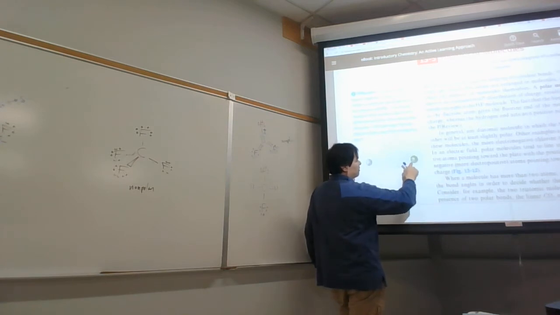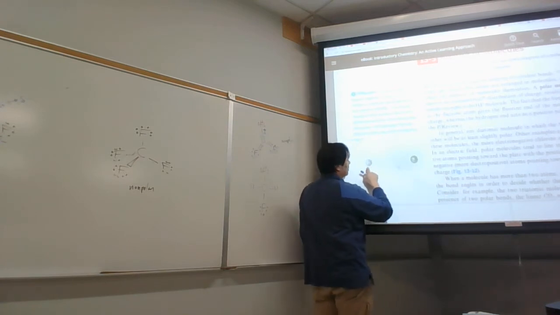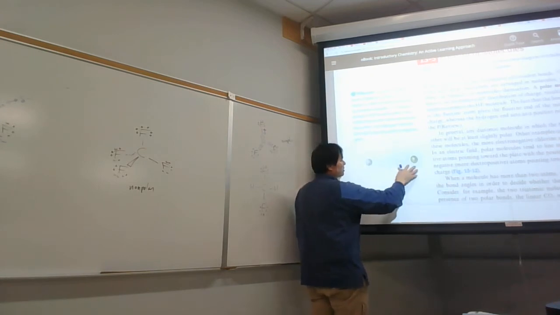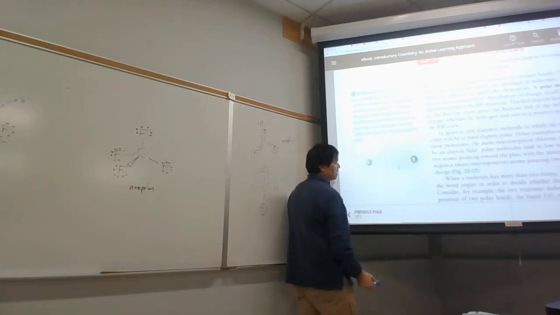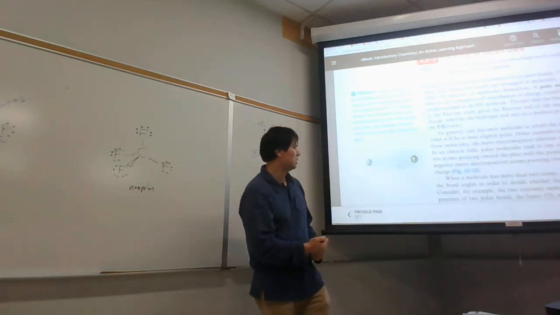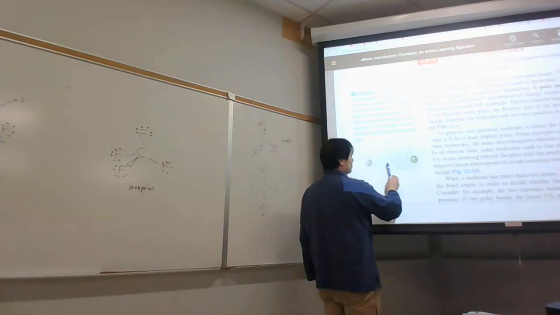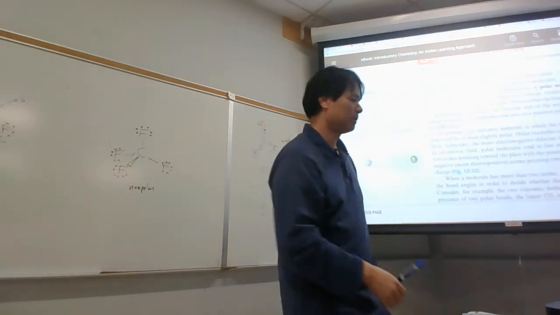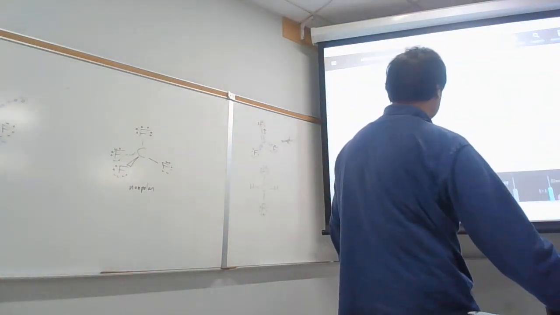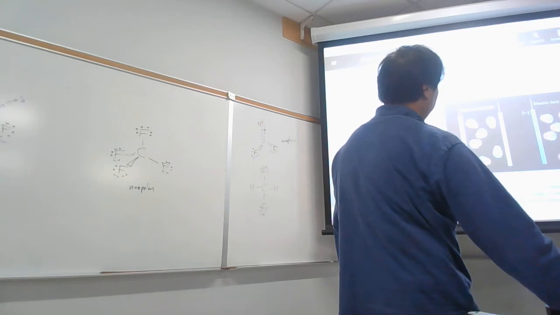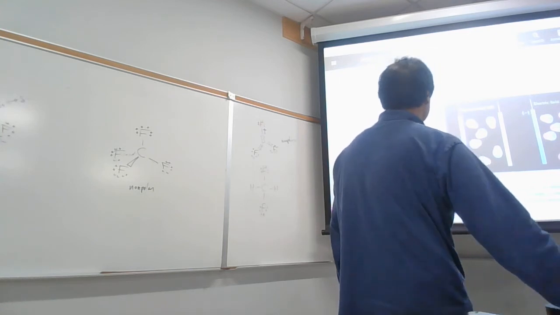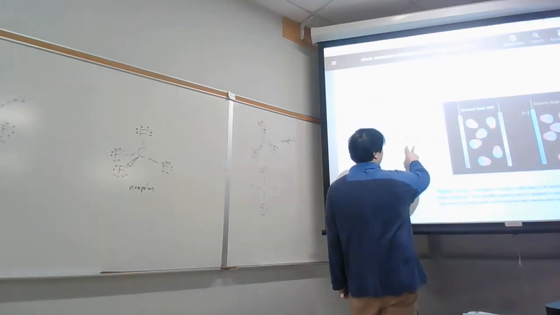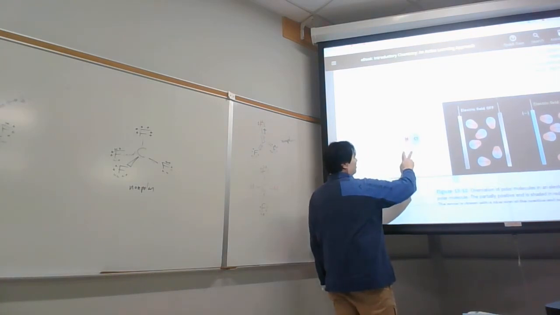If electrons spend more time around fluorine and less time around hydrogen, then the fluorine is going to acquire negative charge and the hydrogen is going to acquire positive charge. But it's not a full charge because the electrons have not completely left hydrogen. And so these are partial charges. This is what happens in HCl. The chlorine is negative, the hydrogen is positive.